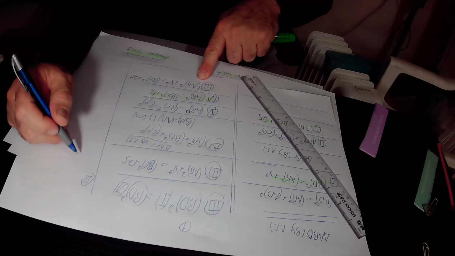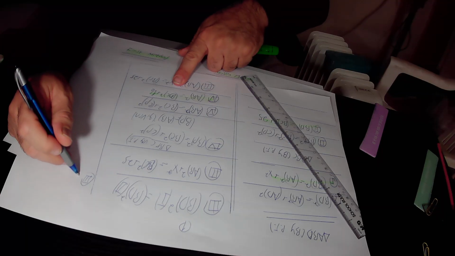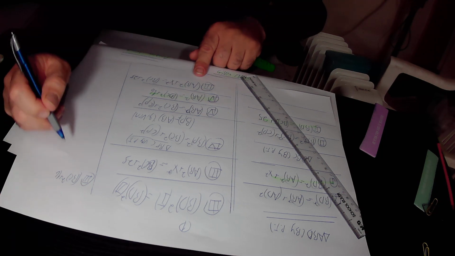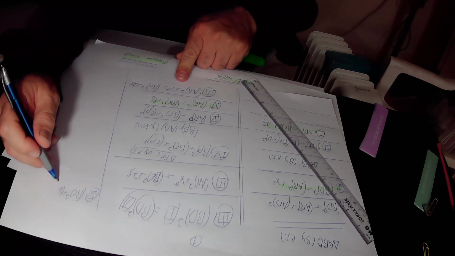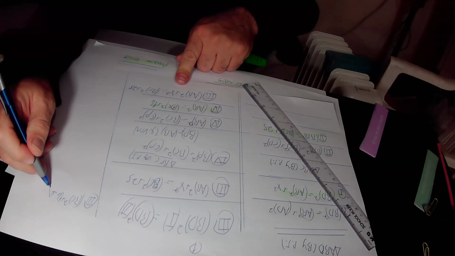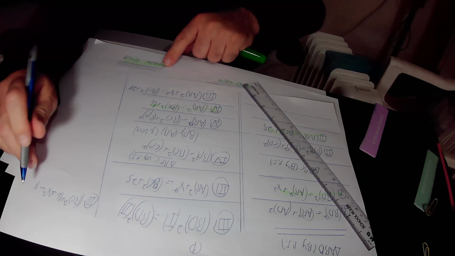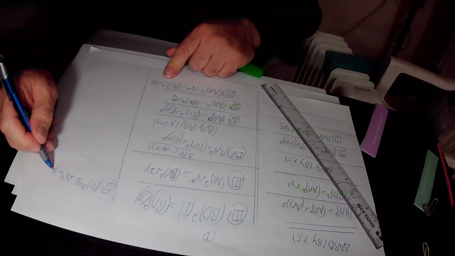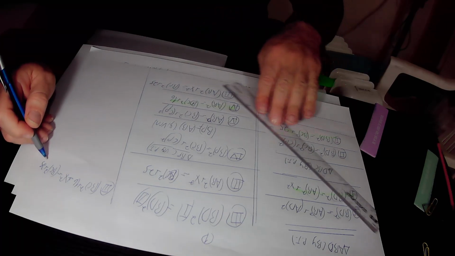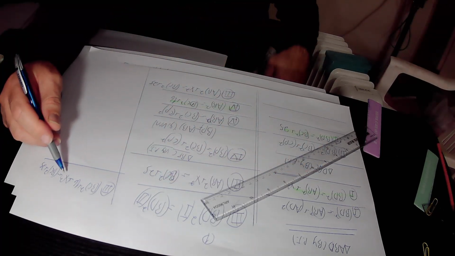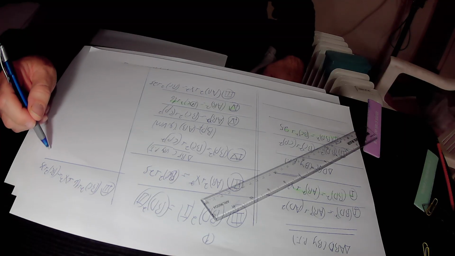AB squared according to equation 4 is BC squared plus 16, and we have here plus X squared, equation 3, equals BC squared plus 25. So in total, according to equation 3, we find that BC squared plus 16 plus X squared equals BC squared plus 25.